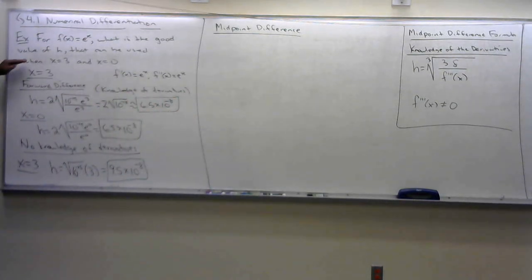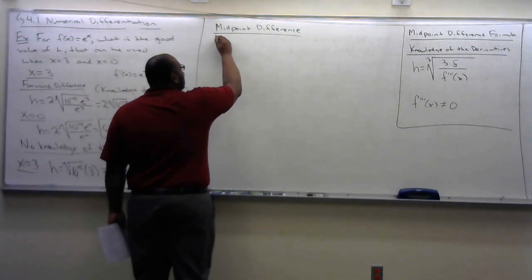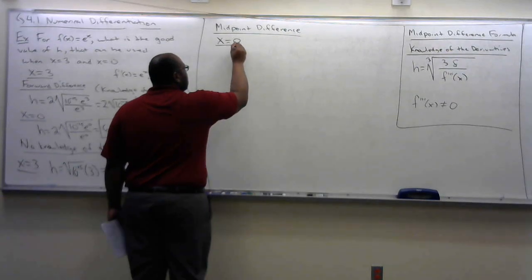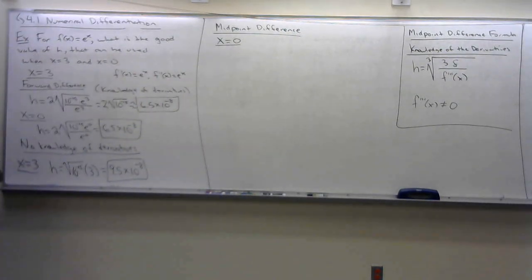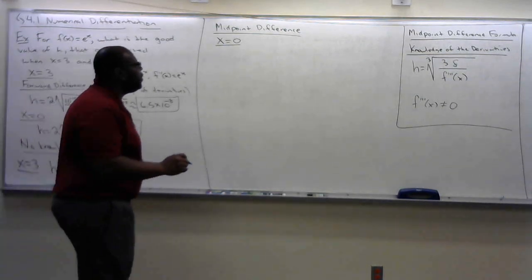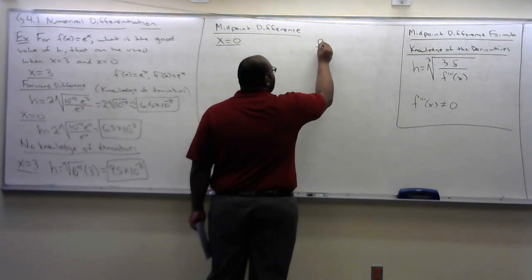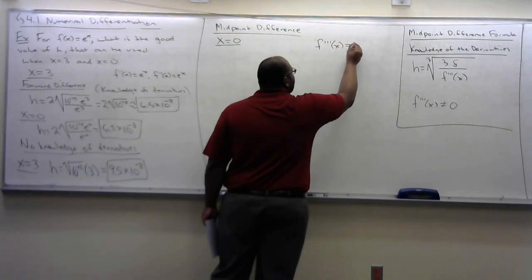And in this case, we're still doing this problem. Let's do x equal to 0. Just focus on that guy. Okay. For the midpoint difference formula, I need to know the third derivative of f. The third derivative of f in this case is e to the x, right?